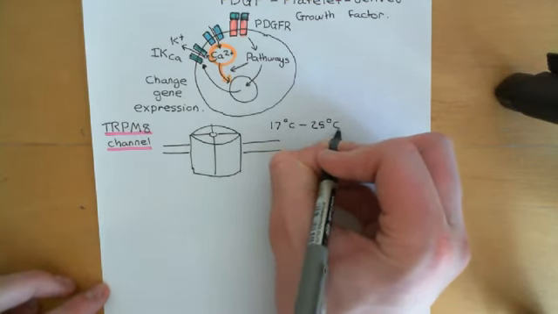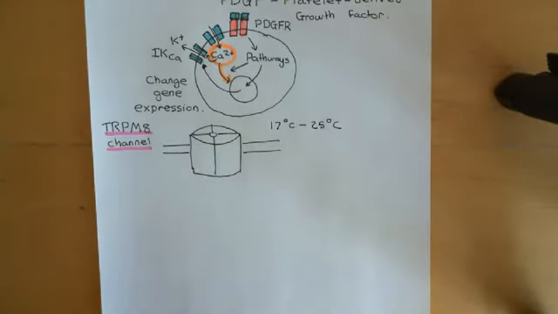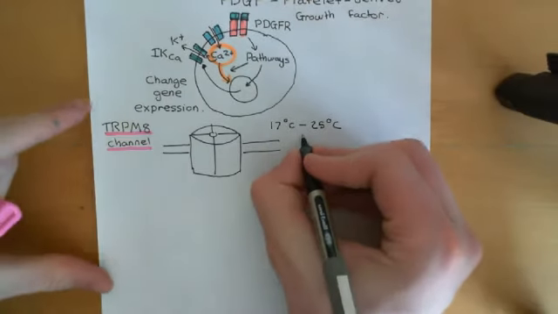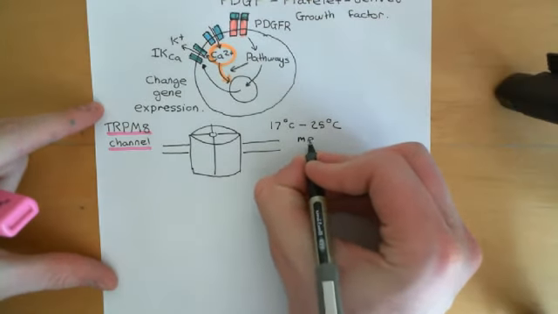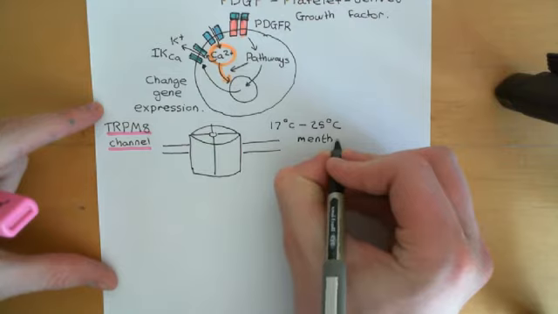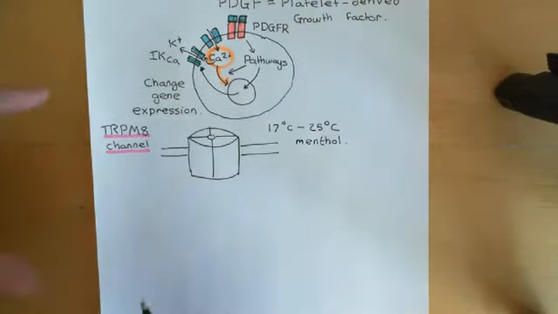Now that might not sound that cold, but body temperature, remember, should be 37 degrees Celsius. So these are cold relative to body temperature. It also responds to the chemical menthol, which is why menthol has a cold and refreshing taste when it's in toothpaste.